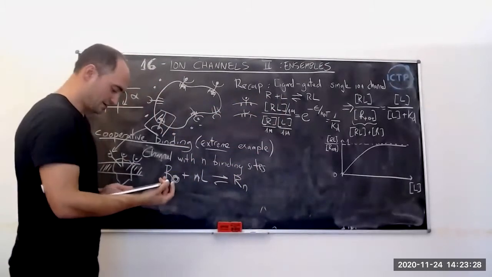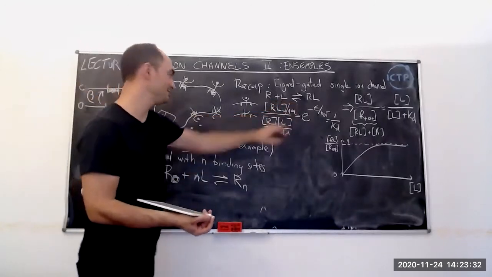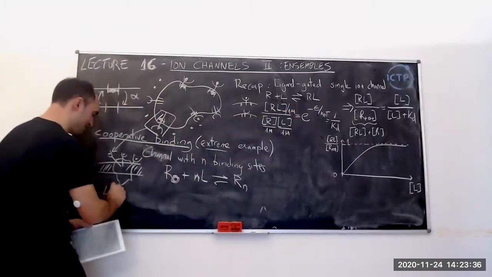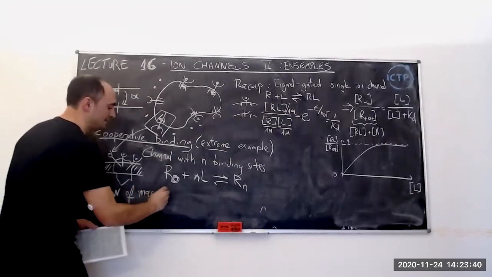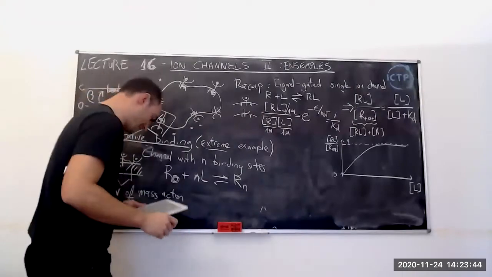So when you write the law, this is called the law of mass action. When you write it for this example, it is the following.